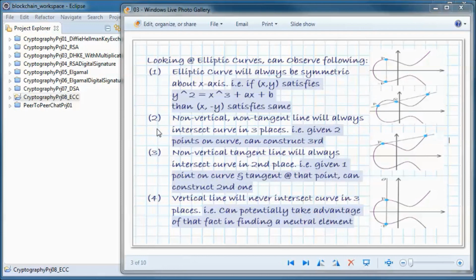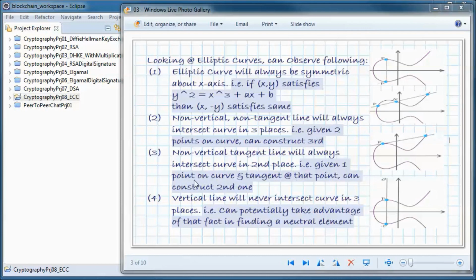And second, we can observe that a non-vertical, non-tangent line will always intersect the curve in 3 places. So given 2 points, for example P and Q here, we can construct a third point. And we can make the third observation that a non-vertical tangent line will always intersect the curve in a second place here.